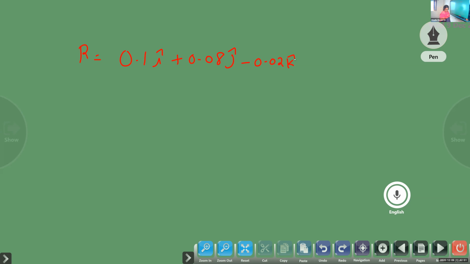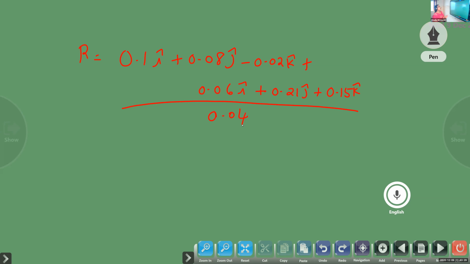Then the next one is 0.03 into 2i, that is 0.06i, plus 0.03 into 7j, that is 7 threes are 21, so it is going to be 0.21j, plus 0.03 into 5, that is going to be 15. So by shifting the decimal you will get this, divided by the total mass, which we already got as 0.04.